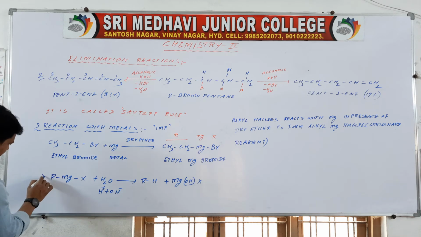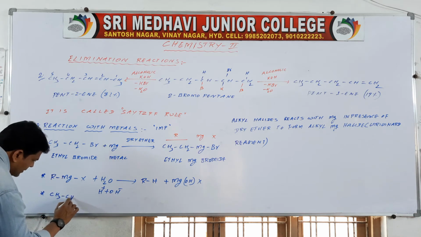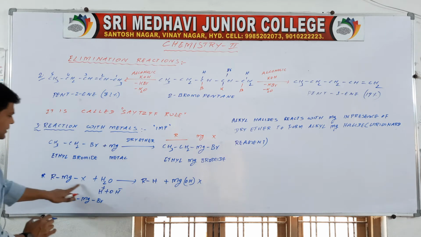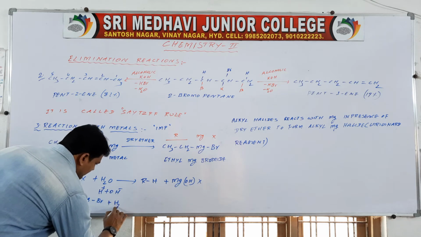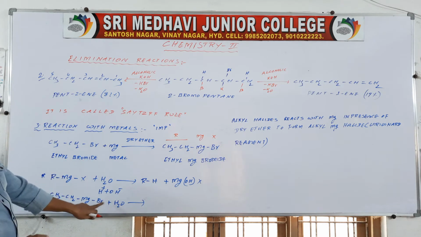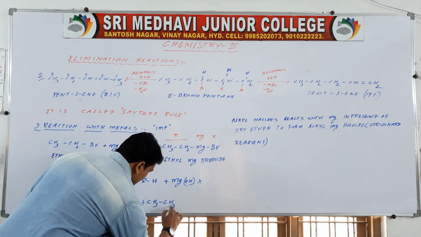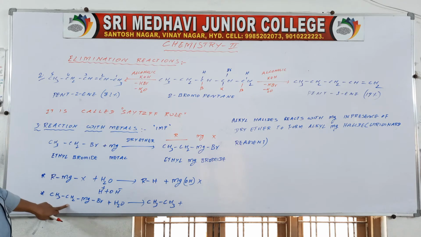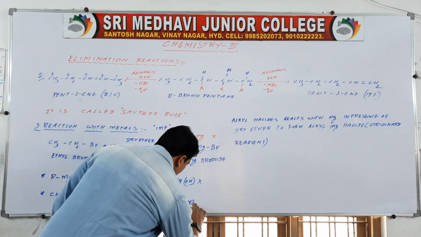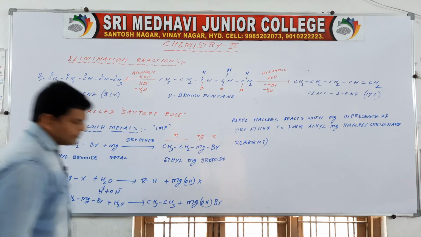Here I am taking CH3CH2MgBr, which reacts with H2O. Then it forms CH3CH2 plus H, that is, CH3CH3, and MgOHBr.